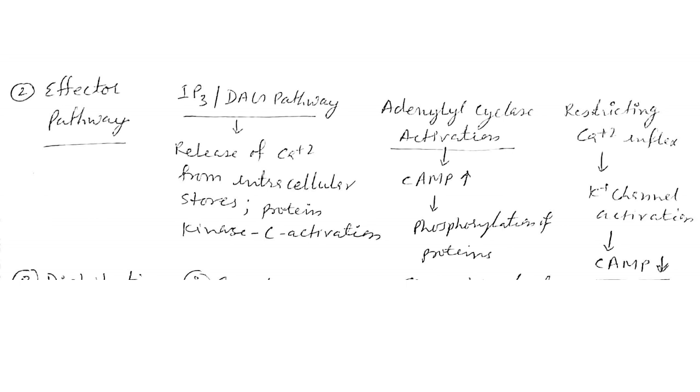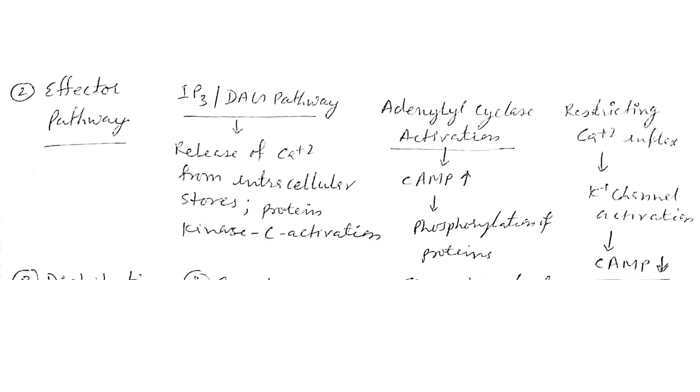The nature or type of the receptors is the same, but their effector pathway, meaning the action pathway for the histamine, would differ for all three receptors. First, H1 receptors: their action would be via the IP3-DAG pathway. In the IP3-DAG pathway, calcium ions will be released.